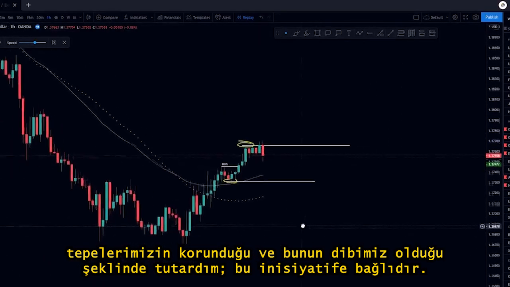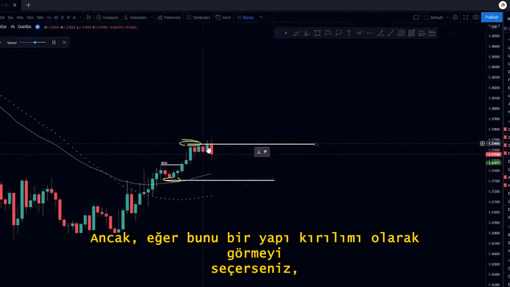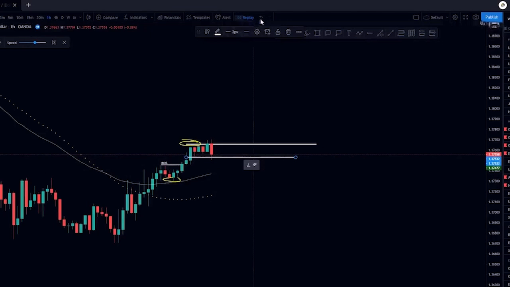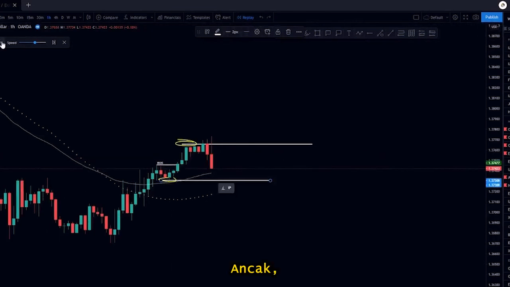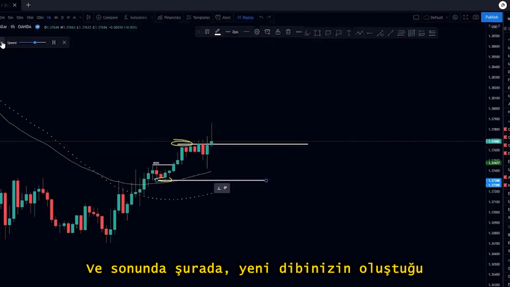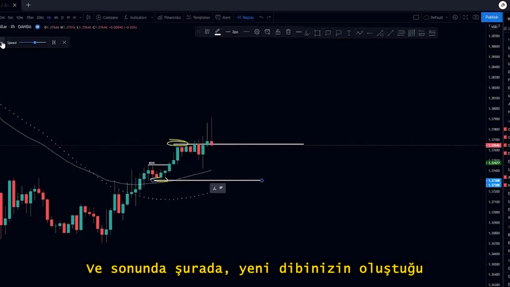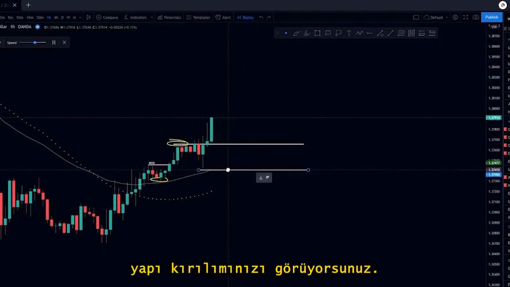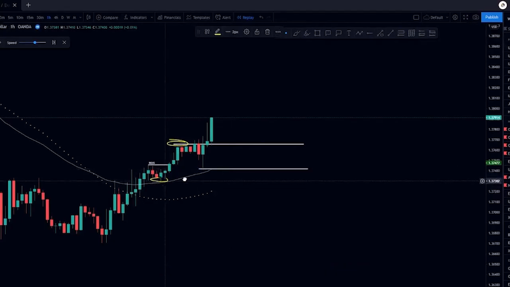Okay, this is discretionary. However, if you do choose to see this as a break of structure, your new low would be based on this little retracement here. Okay. However, with experience, I'm going to leave it as it is. And then eventually you see this as your break of structure with your new low being formed over here.